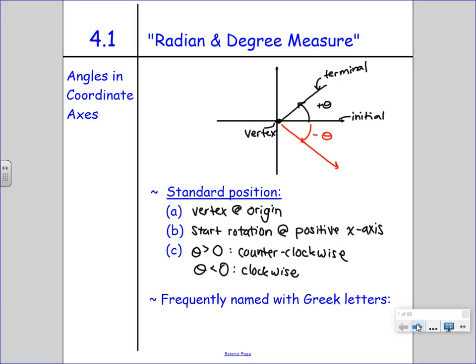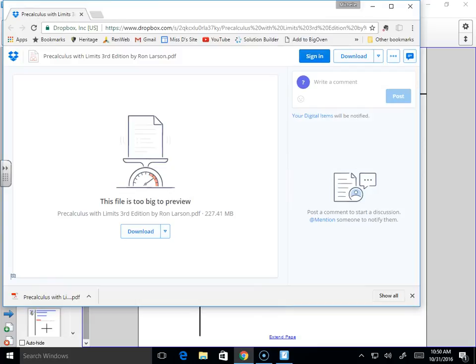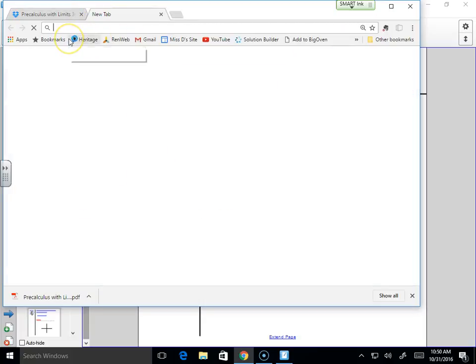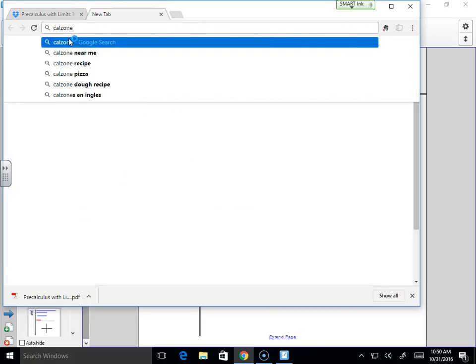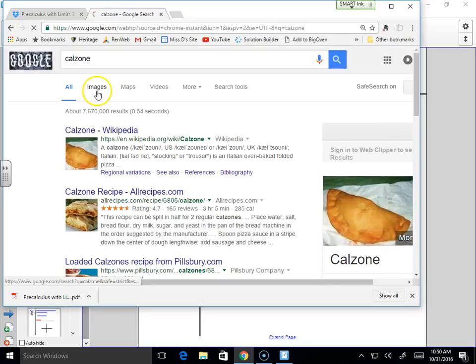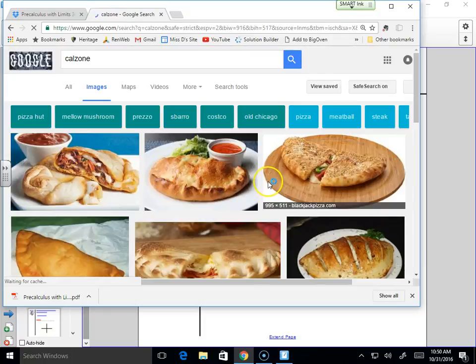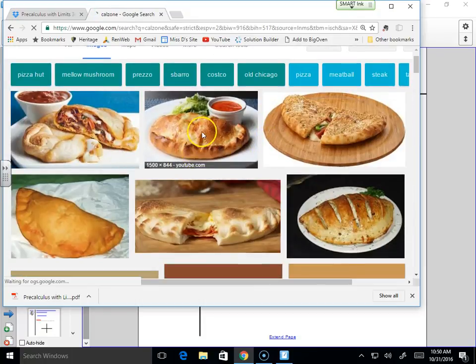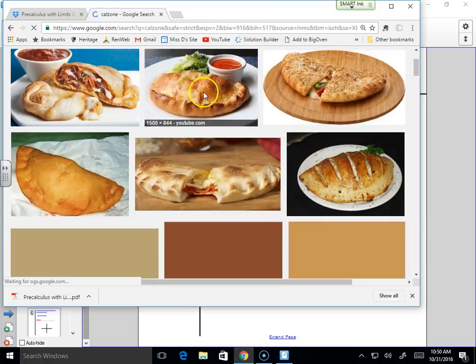Okay, hold on. This is a really good visual if you guys just get it. I'm pulling up a picture, but you never pull up pictures in front of students without making sure everything's okay. You wouldn't think calzone would be bad. That's an okay picture, kind of boring though. Oh, this one's good.